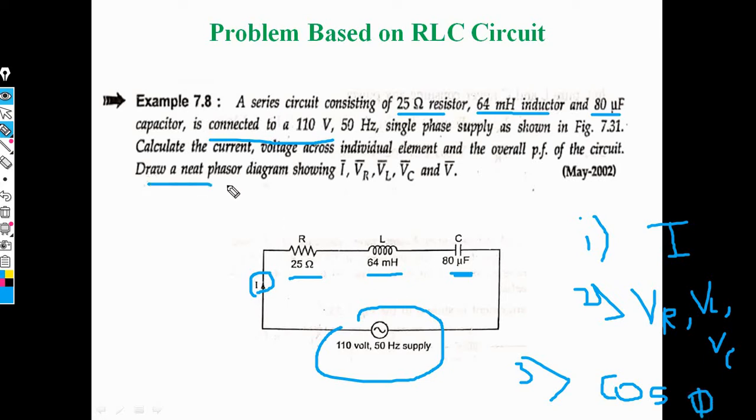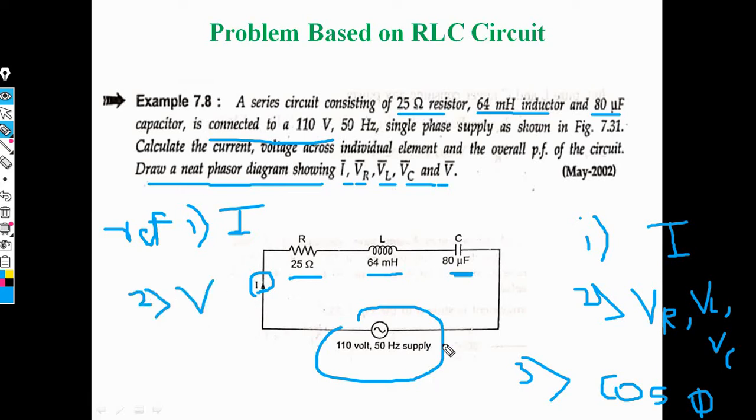And the last point is to draw the phasor diagram with respect to I bar, VR bar, VL bar, VC bar and V bar. The first reference phasor is current and the second reference phasor is voltage. This is the given data in the RLC circuit.